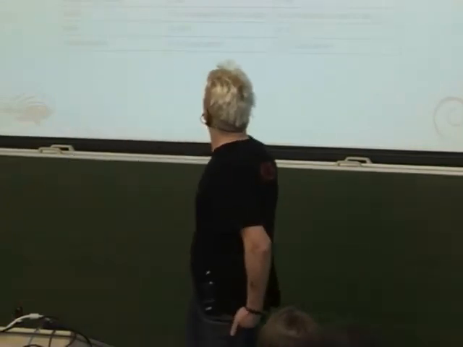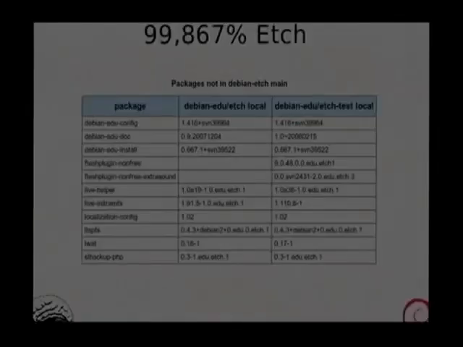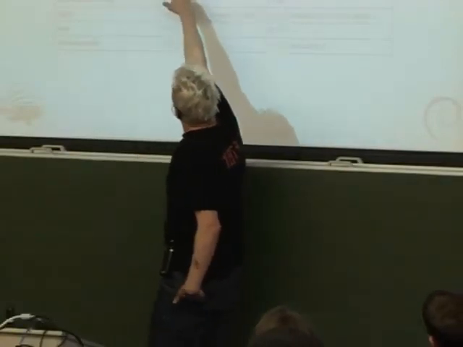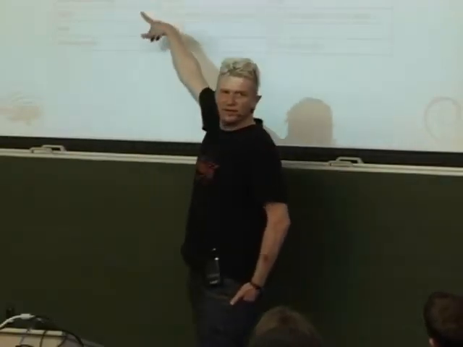So this is, yeah, there are 18,786 or something packages in Etch, and we have 25 which are modified. These are the packages which are not in main. This is Etch-test, and this is Etch. So in Etch-test, we added these Flash packages. Can you read?